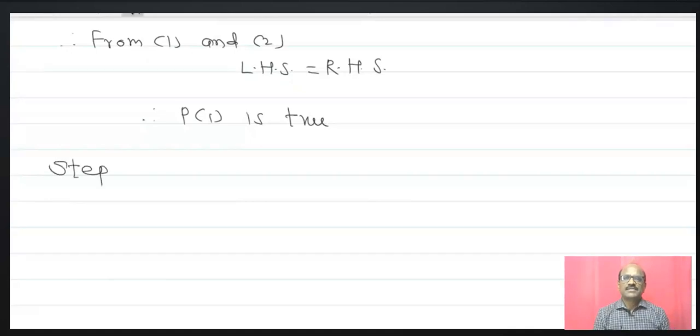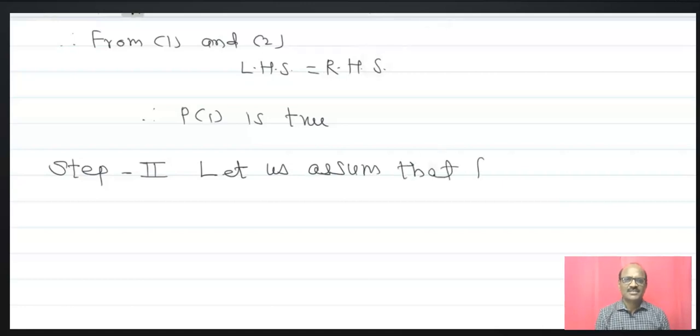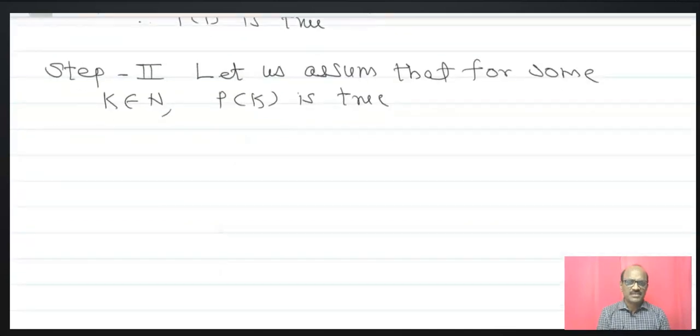Second step is succession. Second step is the assumption. We assume that the given result is true for n equals k.